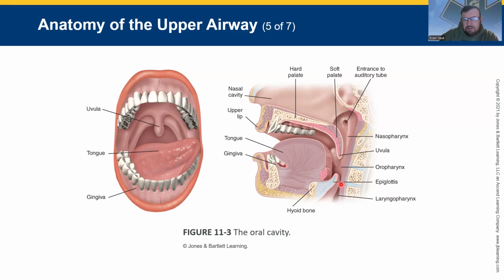Let's see. Auditory tube is up here. Nasopharynx. So here's your nose, nasal cavity. Right here's your nasopharynx. So if this is your mouth, your oropharynx is here, epiglottis.